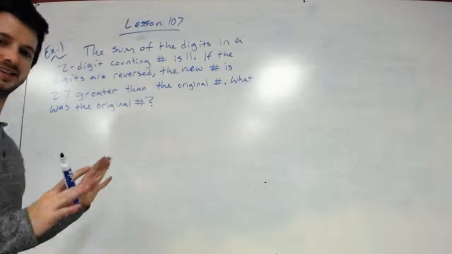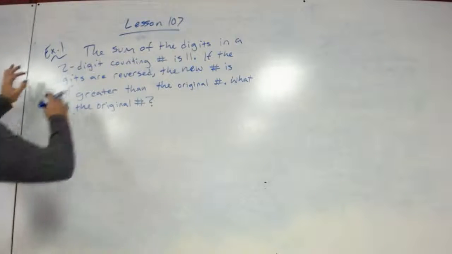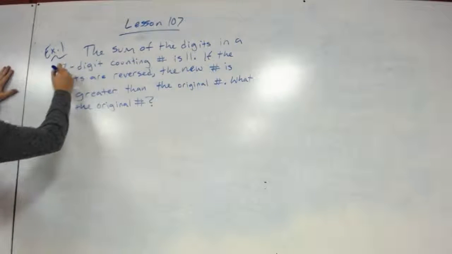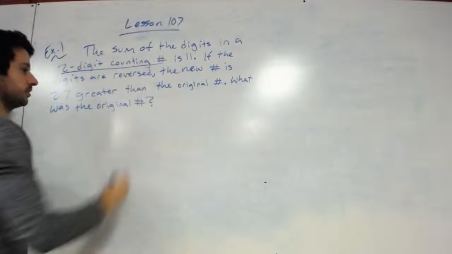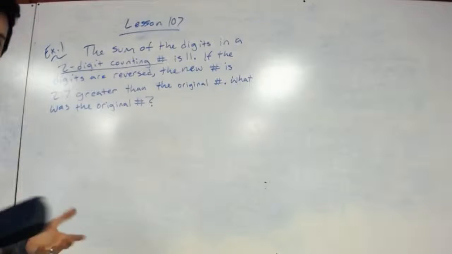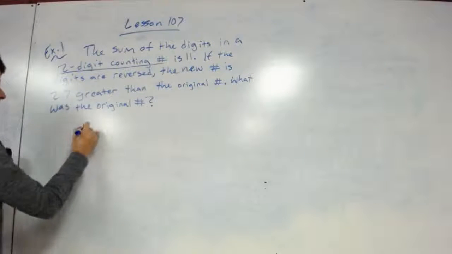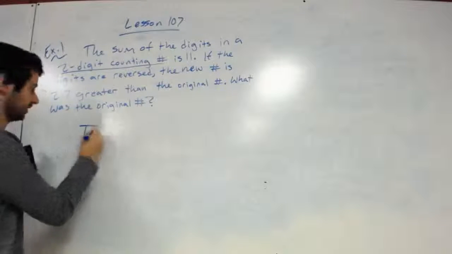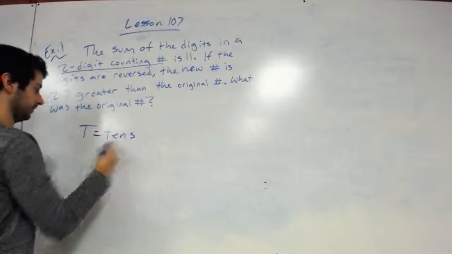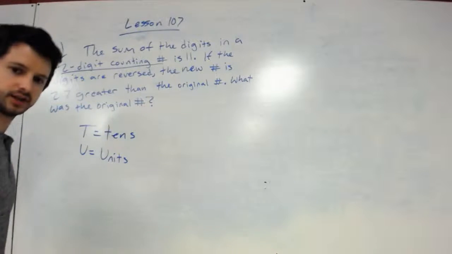All right, a lot to look at there. The first thing I want to break down is, it is a two-digit counting number. Let's look at that first. What does that mean? Well, that simply means that we know it has a tens place, and I'm going to use T for tens, and a units place.